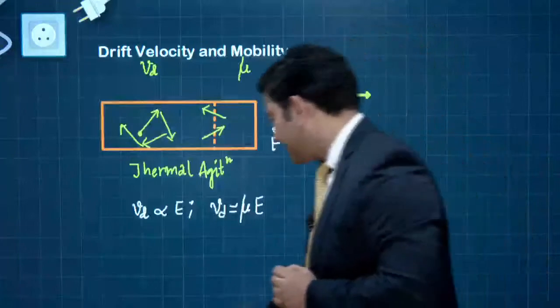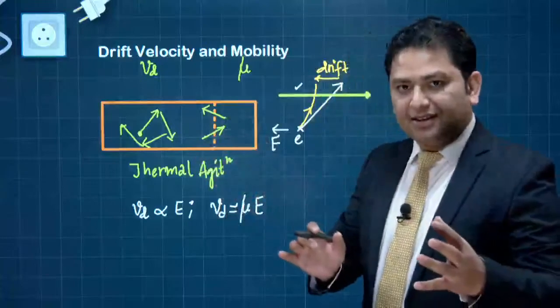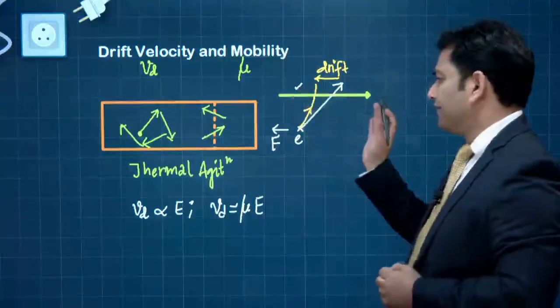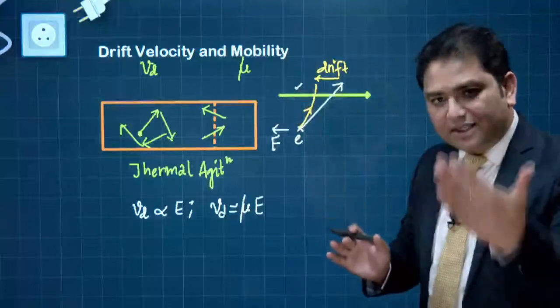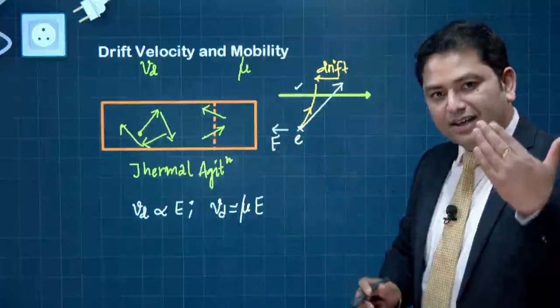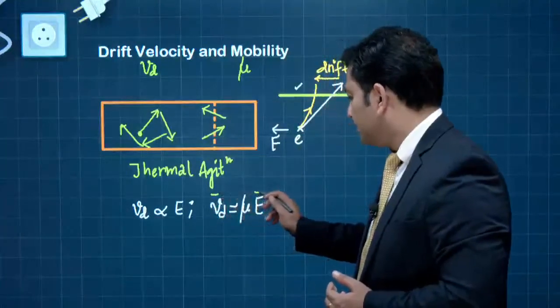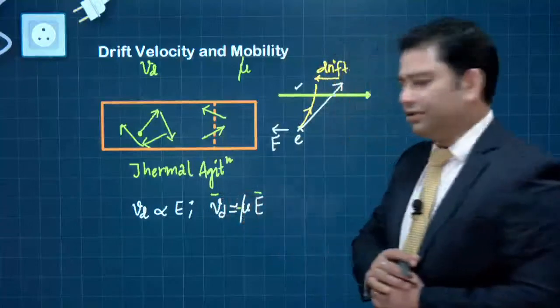Now let's try to understand this. Because in case of conductor, the direction of electric field will be opposite to that of the drift velocity, क्योंकि charge जो है that is negative. तो अगर आप इसको बहुत formally complete definition देना चाहते, you got to do this.